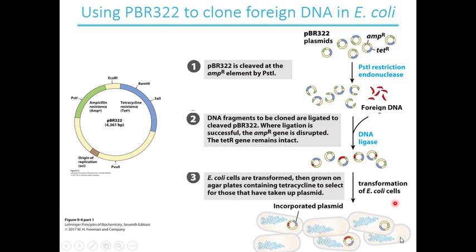I'm not going to go into details as to how transformation is done, but in brief, when an electric charge is applied to bacterial cells that are competent, they can take up external DNA, and that is how recombinant plasmids get incorporated into the host organism.